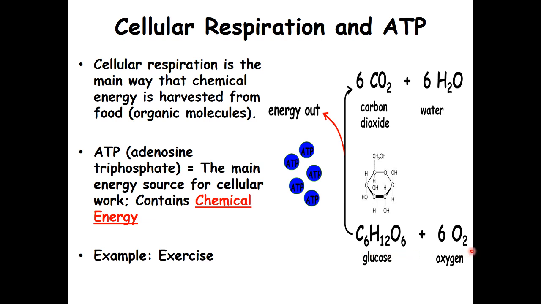So when you increase the rate of cellular respiration during exercise, you breathe harder because you need more oxygen to metabolize the glucose. And when the ATP is released for the muscle to use, it always comes with some heat because of the chemical bonds that are broken. Then you breathe out more CO2 and you start sweating, which is the water. So it all adds up.